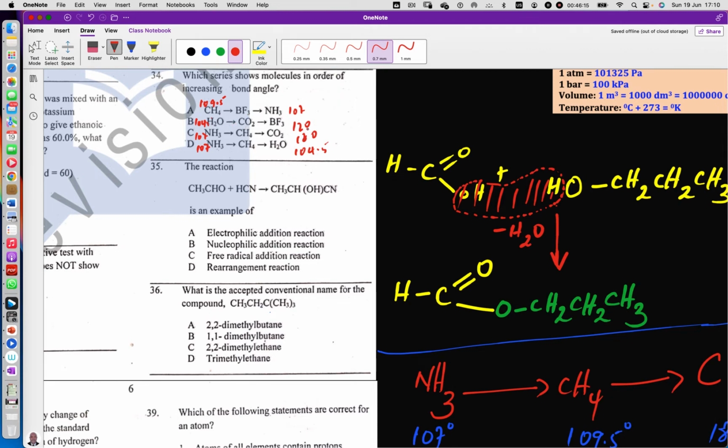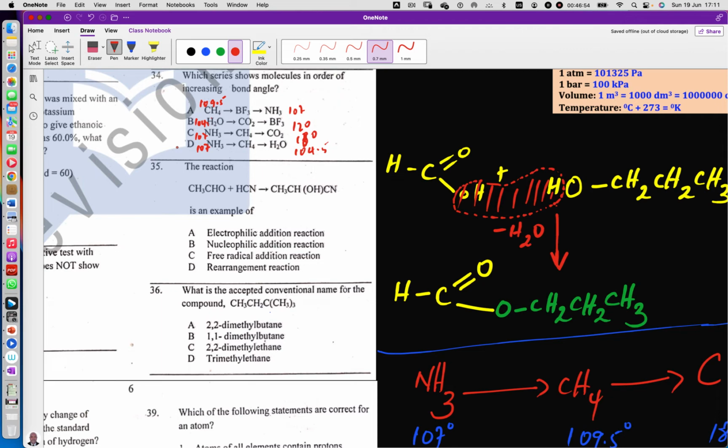Then C is 107, methane is 109, that's good, then carbon dioxide is 180. So C is increasing from 107 to 109, and then from 109 to 180. That's good for C. Then D, 107, methane is 109, then water again 104. It doesn't work. So C is going to be our right answer.